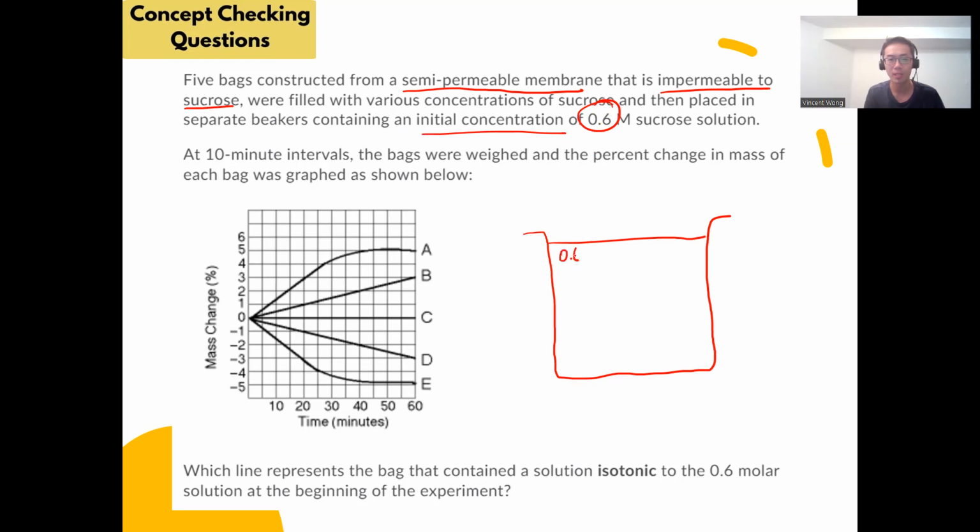So we can put 0.6 on the outside, and then we're going to have a semi-permeable bag here. And it says, which line represents the bag that contains the solution isotonic to the 0.6 molar solution at the beginning of the experiment? So if it's isotonic, what number should I put on the inside? Should I put a number that's higher than 0.6, equal to 0.6, or less than 0.6?